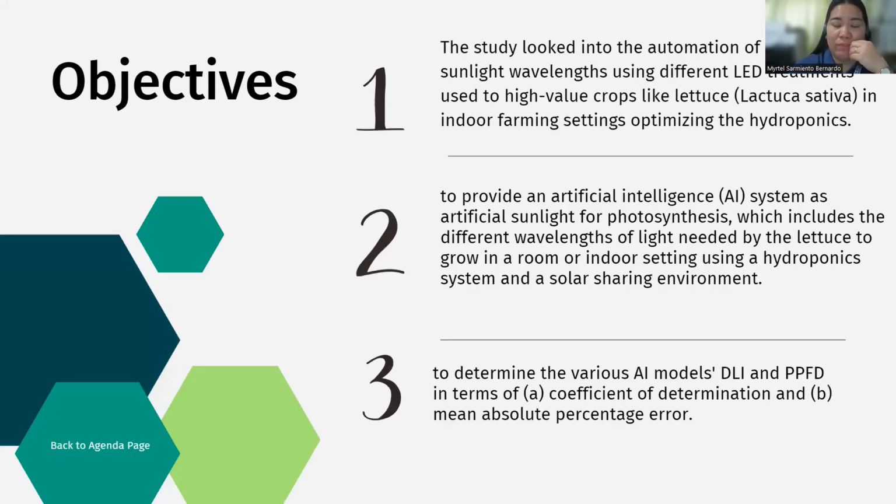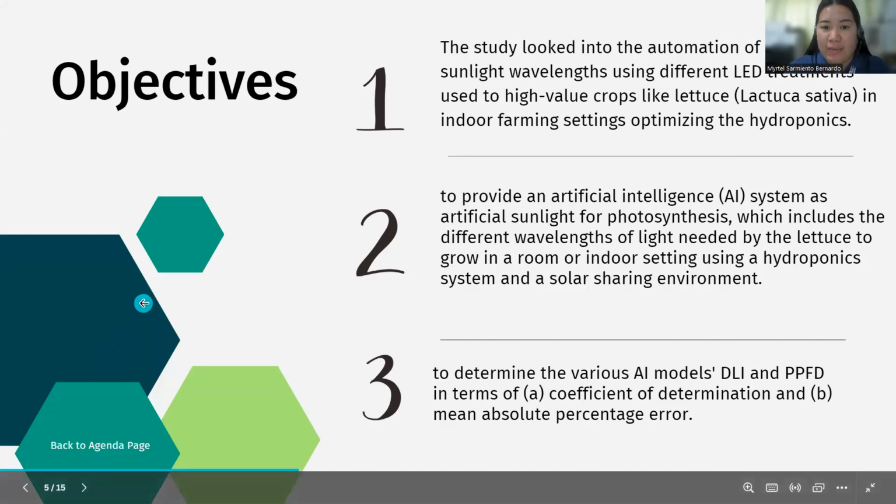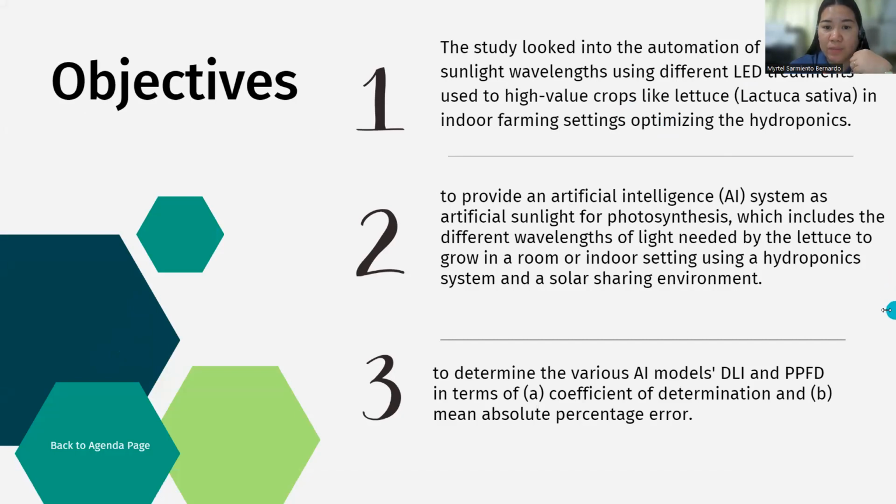The objective of the study is the automation of the controlled sunlight wavelength using LED, using treatments for high value crops like lettuce in an indoor farming setting, optimizing its hydroponic systems.